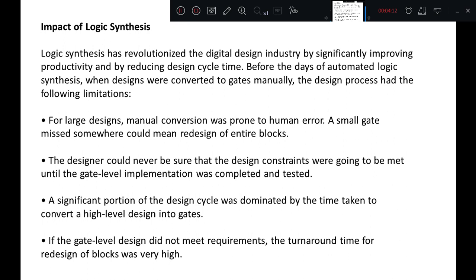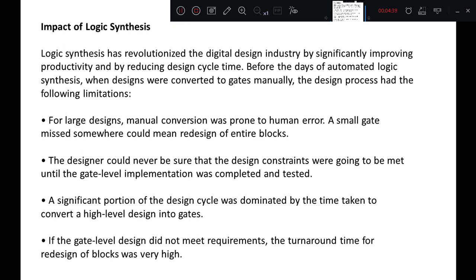A significant portion of the design cycle was dominated by the time taken to convert the high level design into gates. The design cycle means, when the specifications are given, you start developing code, and then go from high level blocks to gate level implementation.